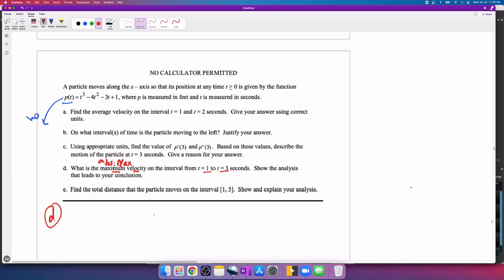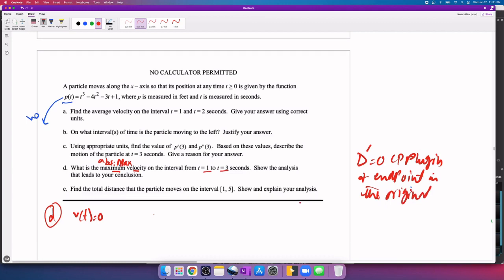This is absolute maximum, but absolute maximum of what? Velocity. So we have to make the derivative of velocity equal 0. The absolute maximum method is derivative equals 0, critical points, and then you plug in critical points and endpoints in the original.